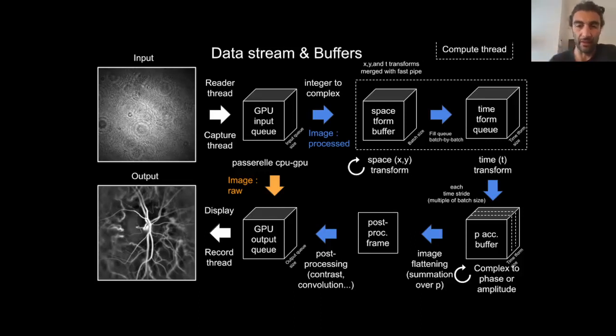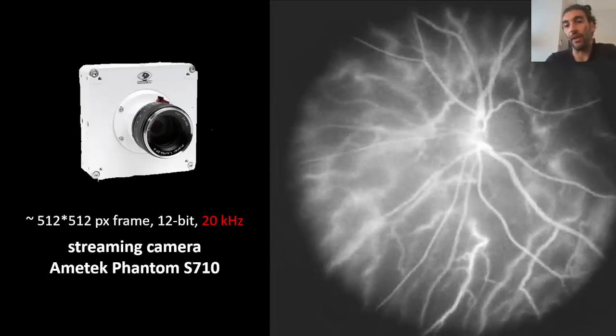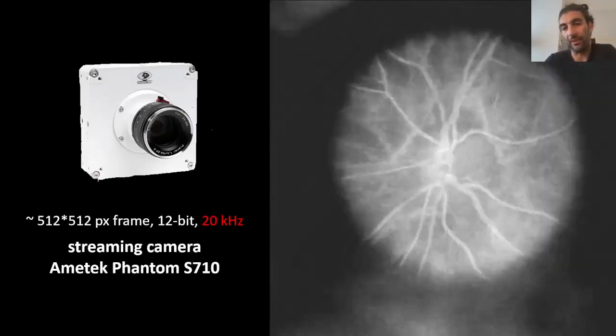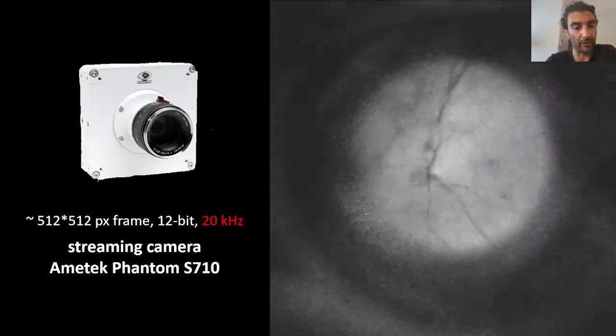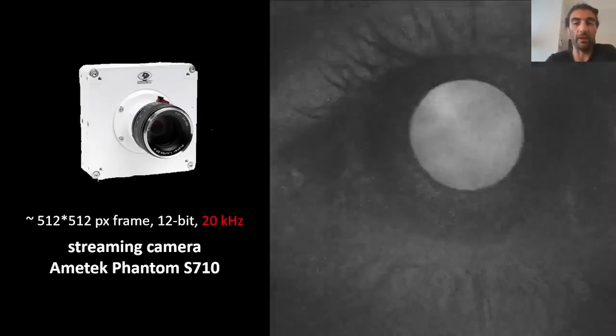We do that in parallel in the GPU, and then we move back the result that we want, a power Doppler image, for instance, into an output buffer that is used for display or result saving, image saving. And that's it. So the important point is that this enables us to have the kind of contrast that we want. And that's a very good step forward.